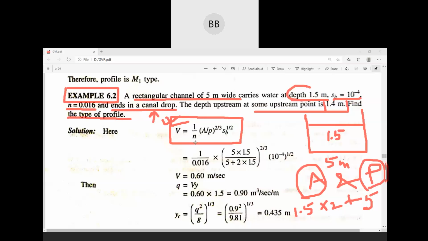Then you substitute in this equation. The value of n is already given, that is 0.016. Bed slope is also given, it's 10 to the power minus 4. Area and wetted perimeter you can easily calculate, and you find out the velocity.